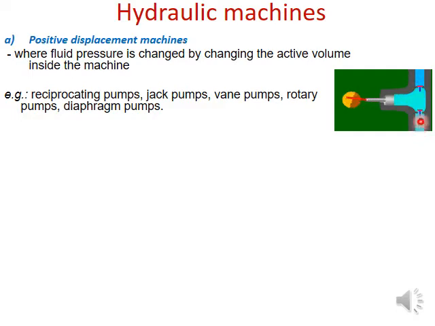Low pressure fluid is sucked in and then pressurized and is pumped out. So there are many examples for this type. Reciprocating pumps, check pumps normally operated by hand, and vane pumps, rotary pumps, diaphragm pumps, and so on. We will see these very soon.